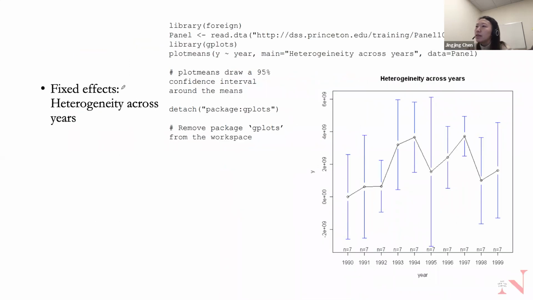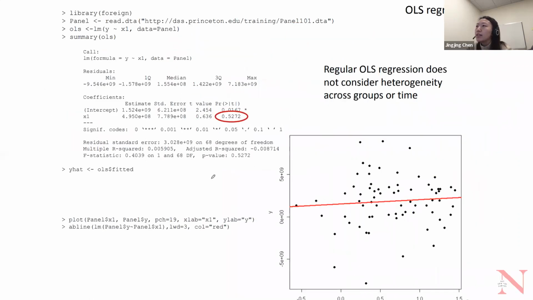So here, heterogeneity across year, we also see a significantly higher value for my Y variable in 1997 and significantly lower in 1990. So I do want to address it, not using a pooled OLS. My pooled OLS will tell me that the X variable is insignificant.